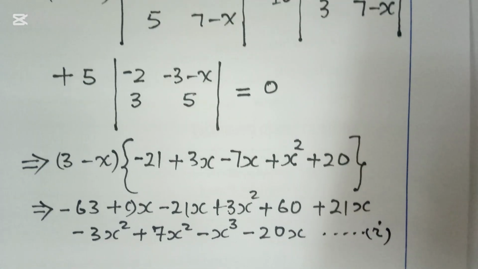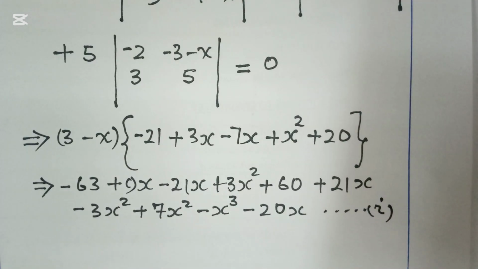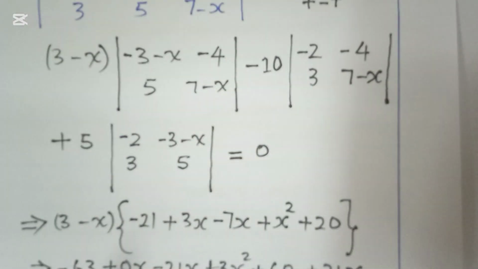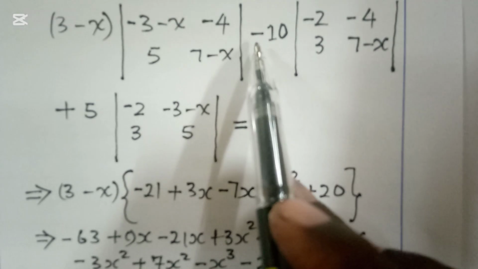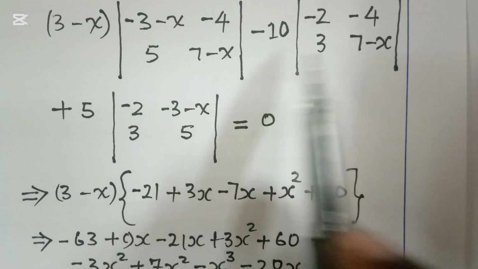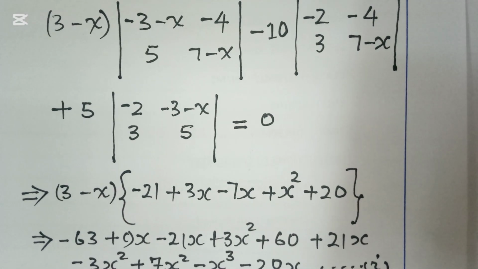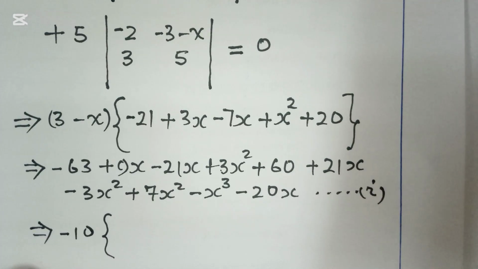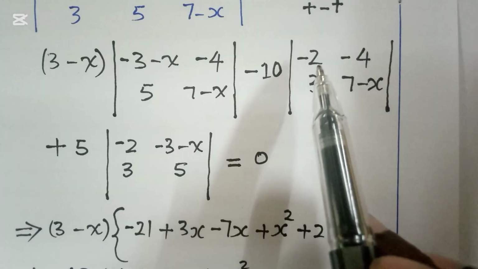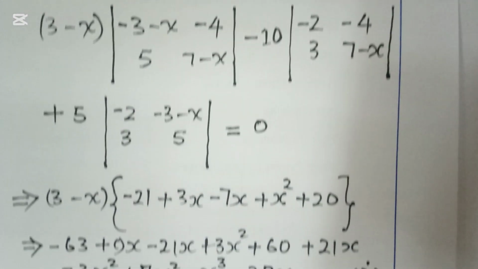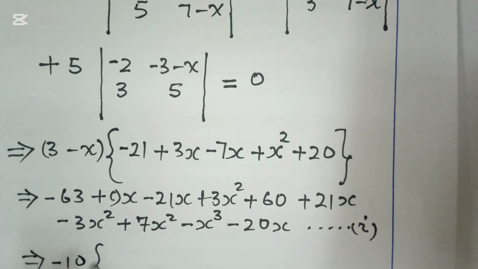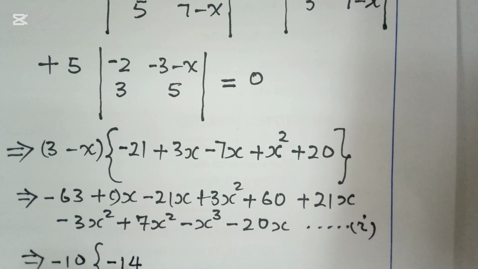And now we go to the second one, which is this, that is 10 multiplied by that. Guys, let's consider even the negative, so that finally we shall just add. So we are going to have this as negative 10, then we can put a bracket there. We'll have minus 2 multiplied by that, that is going to be minus 14. Then we have plus 2x.